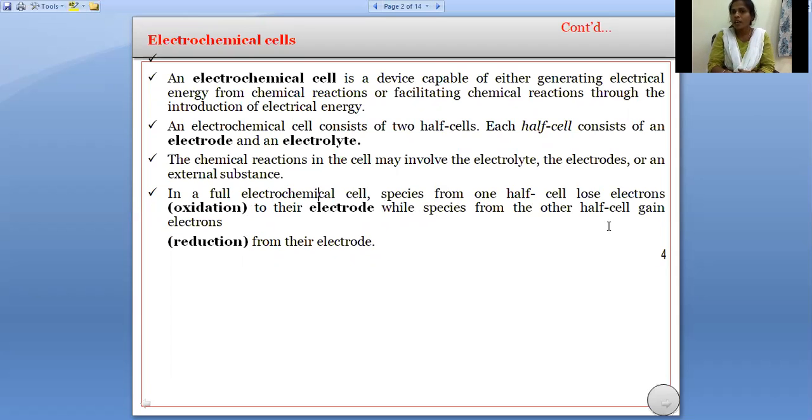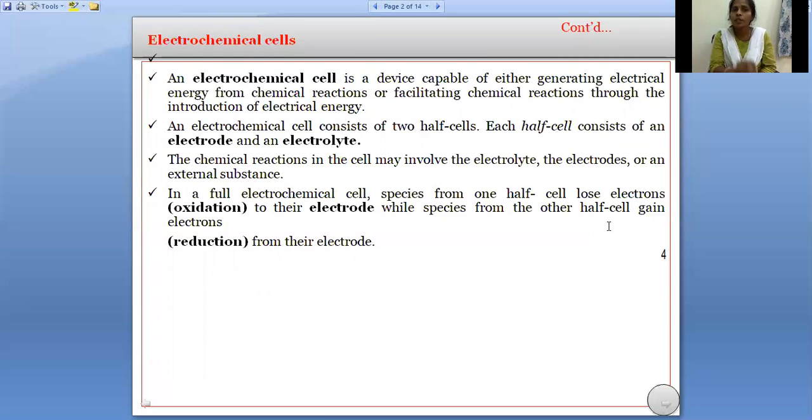In the previous class we saw that at one electrode electrons are lost and at the other electrode electrons are gained. So one half cell is losing electrons and the other half cell is gaining electrons.